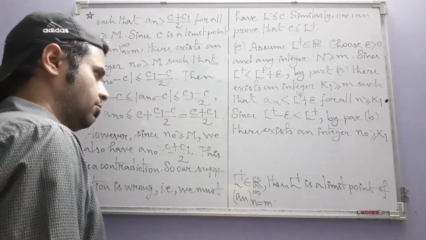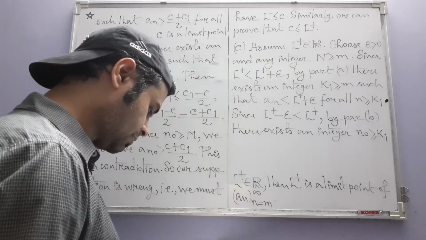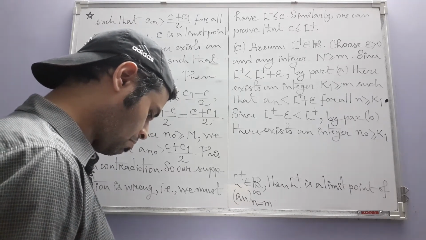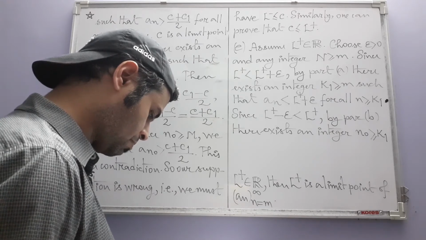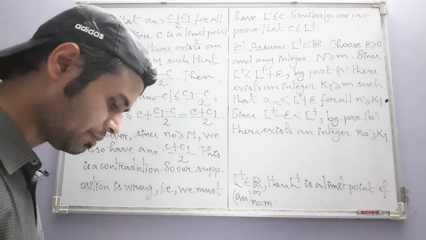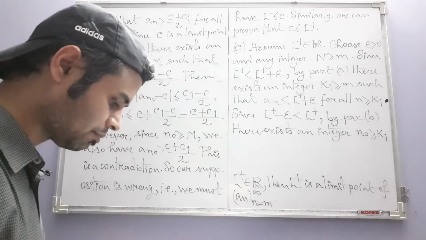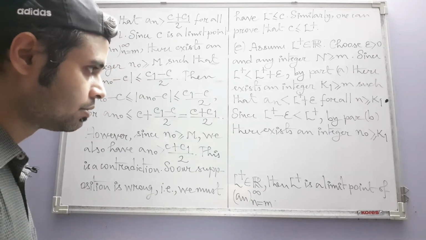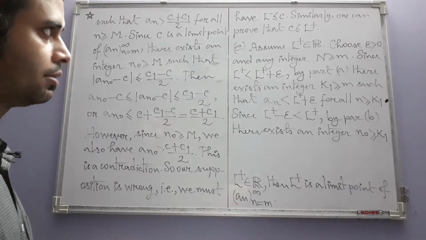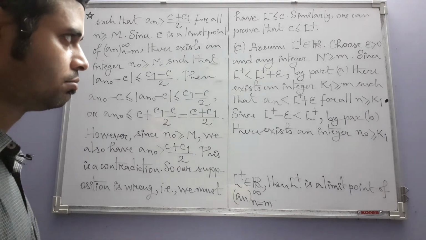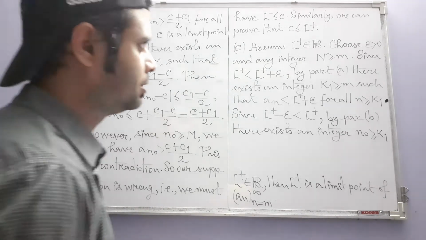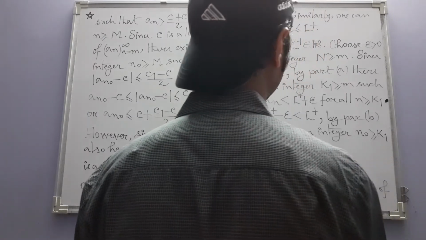Will this be enough for our purposes? Let me just think for a moment whether I am really getting what I want. Oh, if I simply choose this to be k1, then that may not be enough for what we are trying to show.